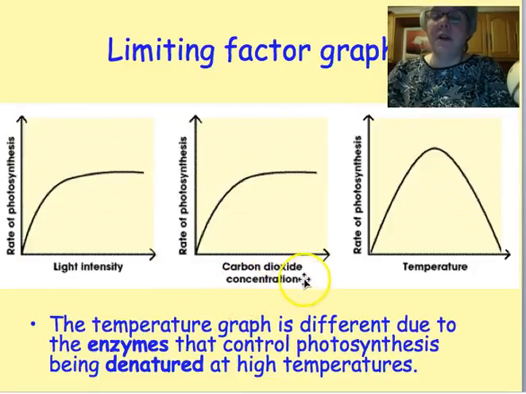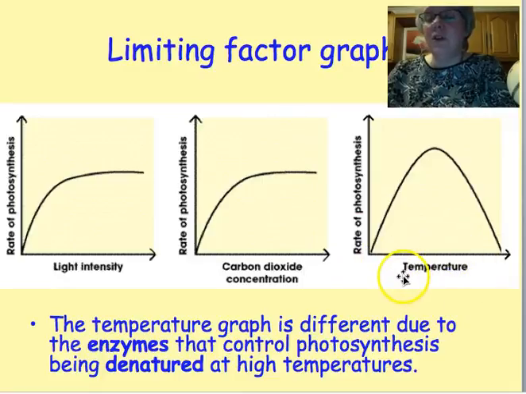This graph says that carbon dioxide concentration is on the x-axis, so as you increase the carbon dioxide concentration, the rate of photosynthesis starts to increase, indicating that carbon dioxide is the limiting factor here. In other words, as you're giving more carbon dioxide, you get more photosynthesis happening. But then again, it starts to even off, and that is because at this point, you can give it as much carbon dioxide as you want. It won't make any difference because something else is limiting, the temperature or the light intensity.